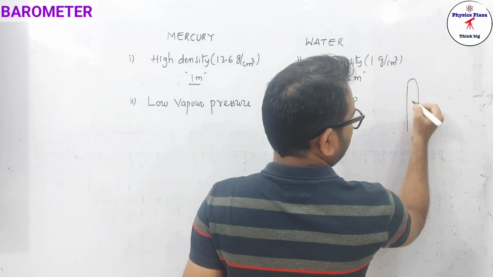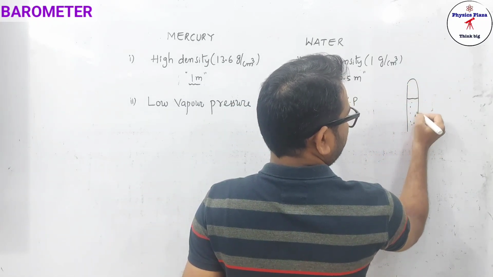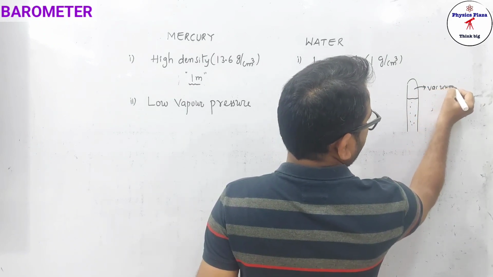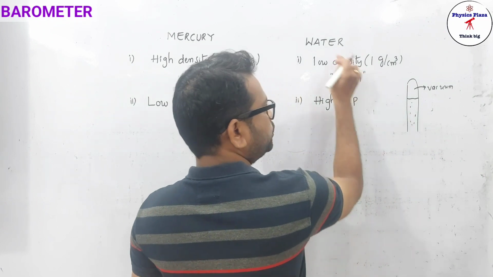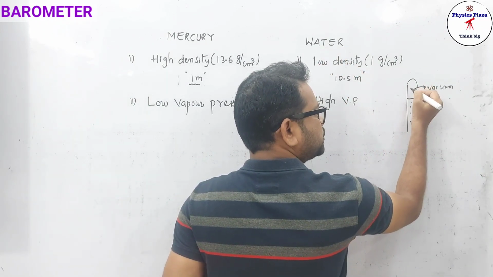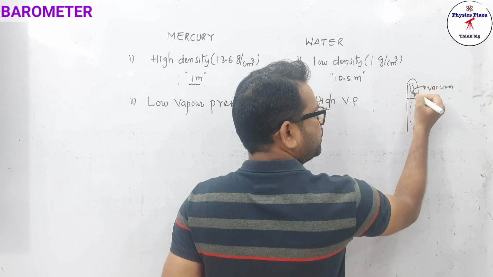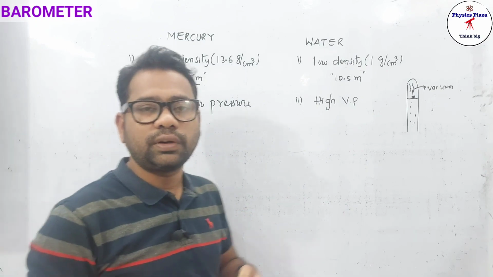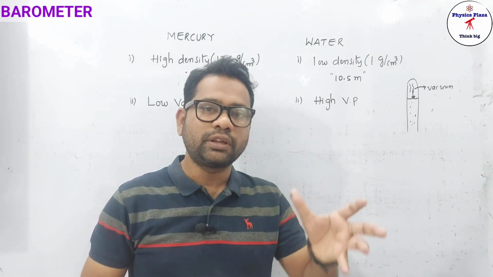Till here mercury will be there, and here a pure vacuum will be there. In the place of mercury, if you use water, then this water would convert into vapor, and the whole space would be occupied by vapors, and these vapors also exert pressure on the mercury level. So what will happen? There will be a change in the mercury level.